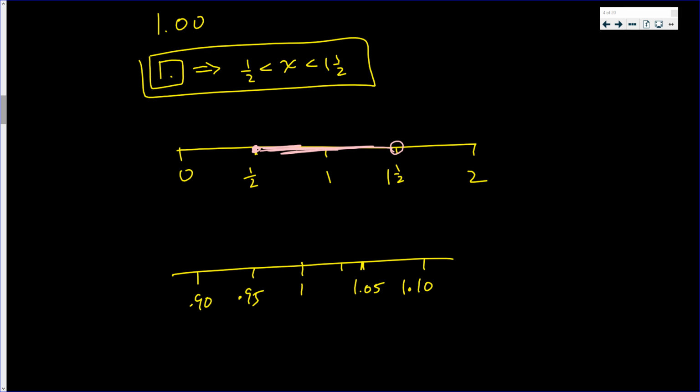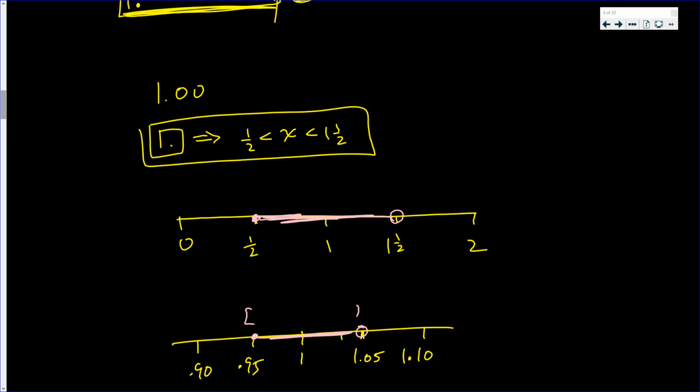Well, to 2 decimal places, this number would round to 1, and everything up to, but not including 1.05, would round to 1. All of these numbers round to 1. Between 0.95 and 1.05.